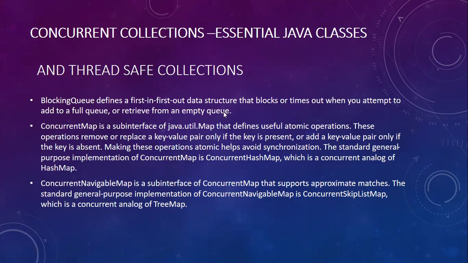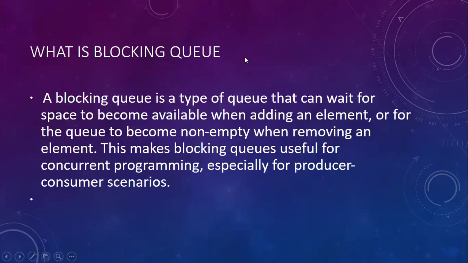Now, what is a blocking queue? A blocking queue is a type of queue that can wait for space to become available when adding an element, or wait for the queue to become non-empty when removing an element. It is useful for concurrent programming, especially for producer-consumer scenarios.